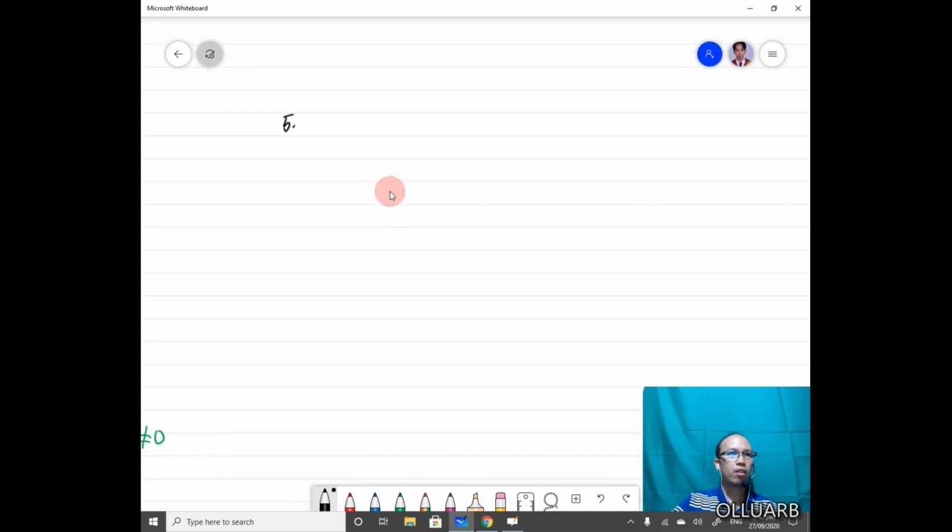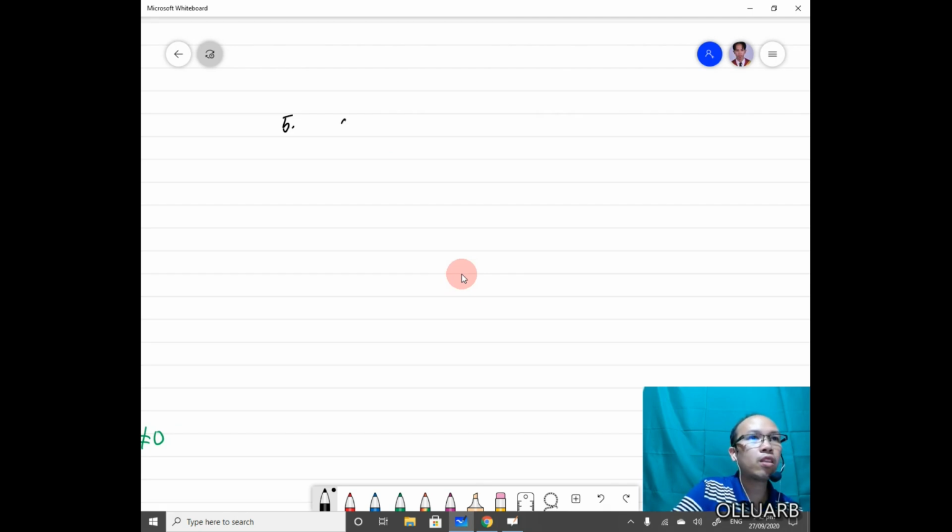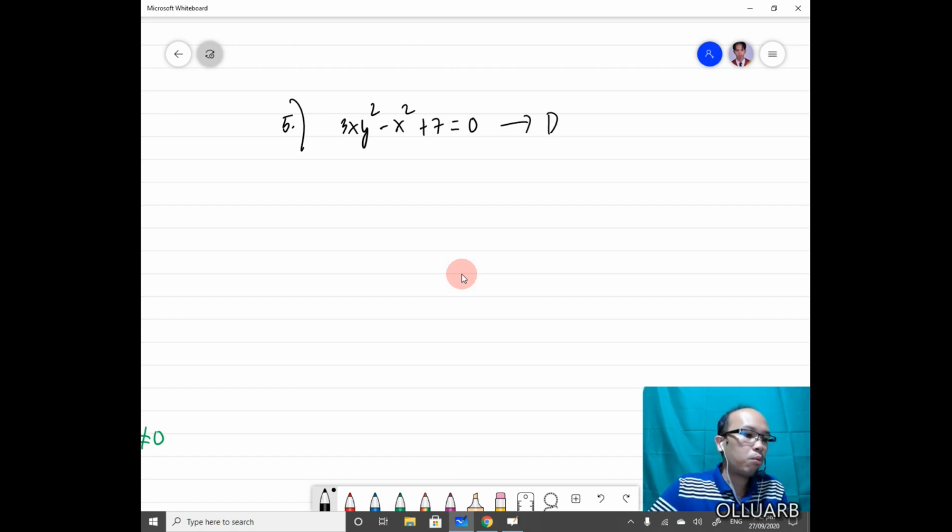Okay, number 5. So let's rewrite again our problem. Our problem is 3xy squared minus x squared plus 7 is equal to 0. Okay, and if you recall, your domain is this one, negative square root of 7 to 0 union square root of 7 to positive infinity.